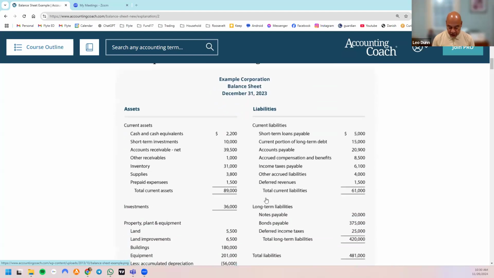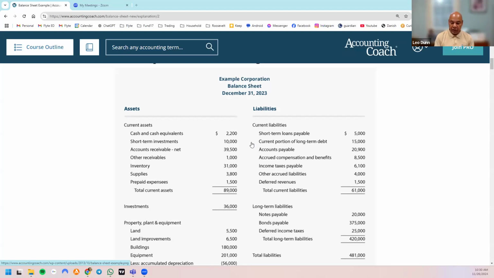Okay, so the next section is liabilities. Liabilities speak to amounts that are owed by the business to some third party. Again, they're broken down into categories: current liabilities and long-term liabilities. Short-term liabilities are liabilities expected to be paid in the next 12 months.